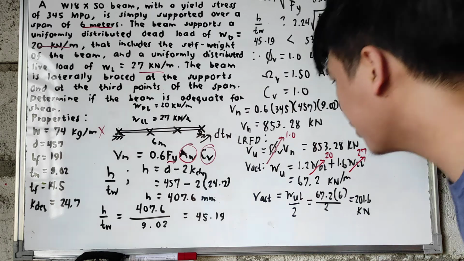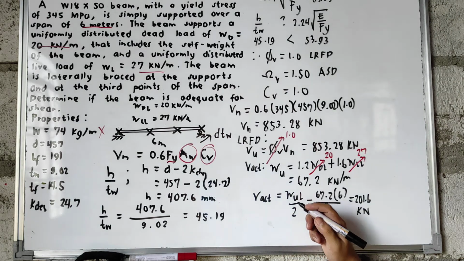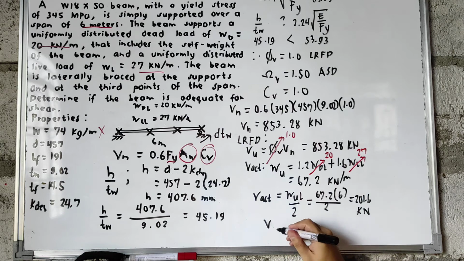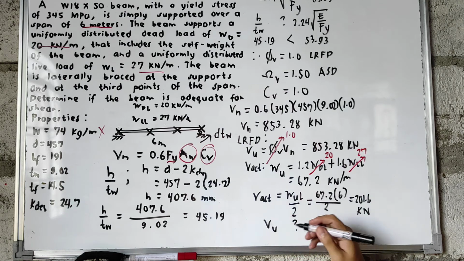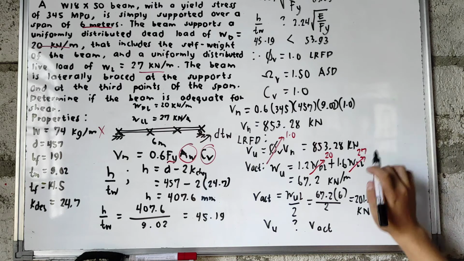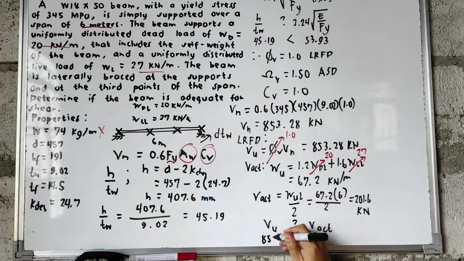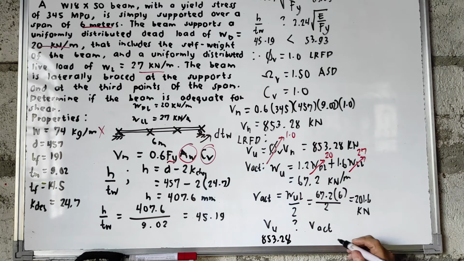So, we're going to compare yung VU natin and yung value ng V actual natin. So for this one, we have a value of VU na 853.28 kilonewton and the value of your V actual na 201.6 kilonewton.